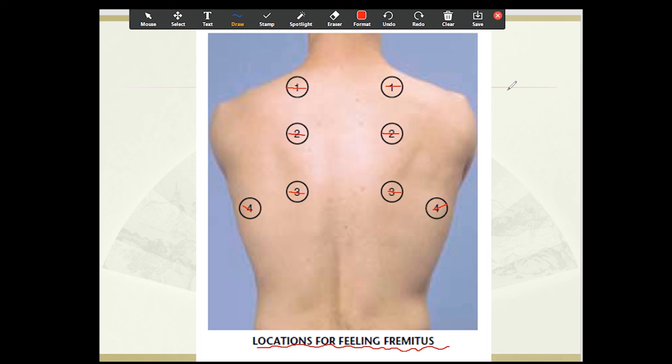When people speak, the sound vibrations will go to the chest area. We compare both sides. It should be normal. That still belongs to palpation, where the doctor's hand is put on the patient's body and we can feel the vibration.